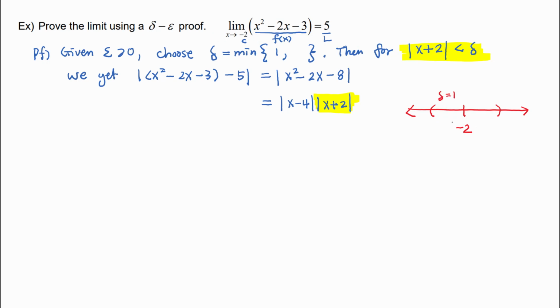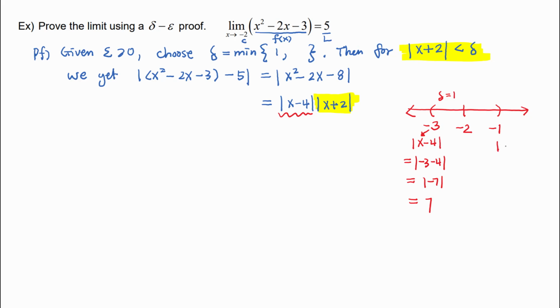So what's the integer to the left of -2? That's -3. What is the integer to the right of -2? That's -1. Then for the value you want to get rid of, the absolute value of x minus 4, if you replace x with -3, I get -3 minus 4, which is the absolute value of -7, which is 7.